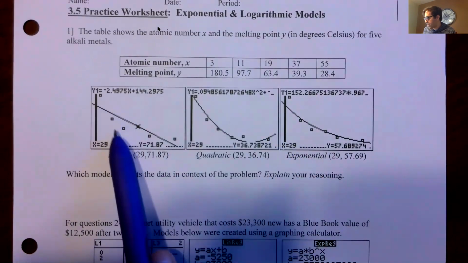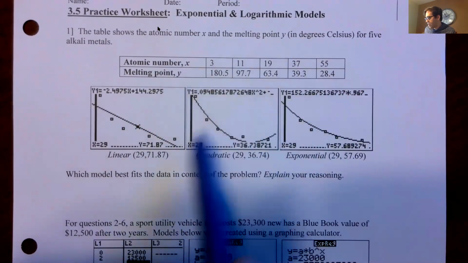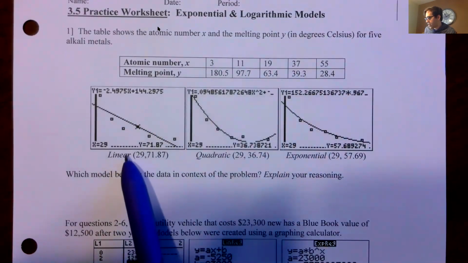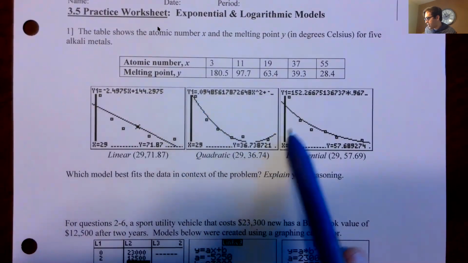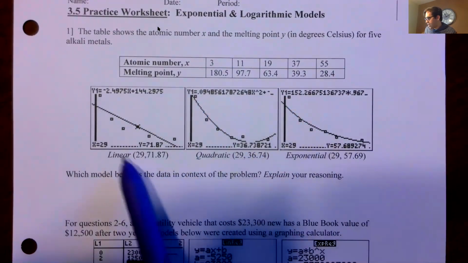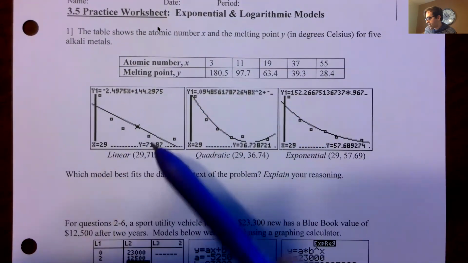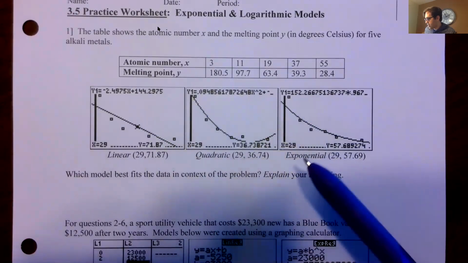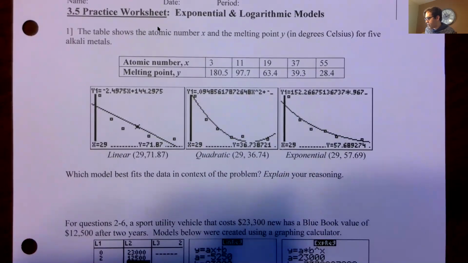Here's the data plotted from this table. I used the calculator to model a linear regression, quadratic, and exponential. Each of these takes the model given and tries to fit it precisely to the data. Your job is to answer these questions based off of those graphs.